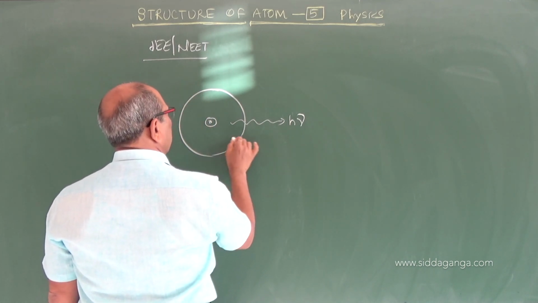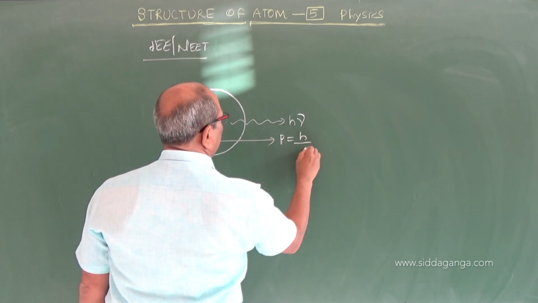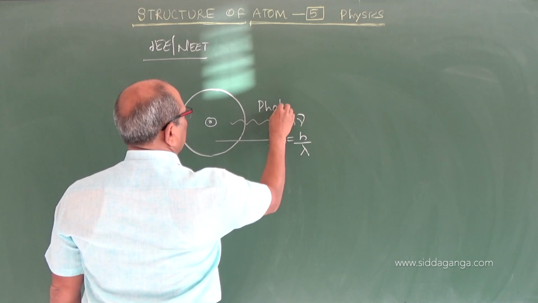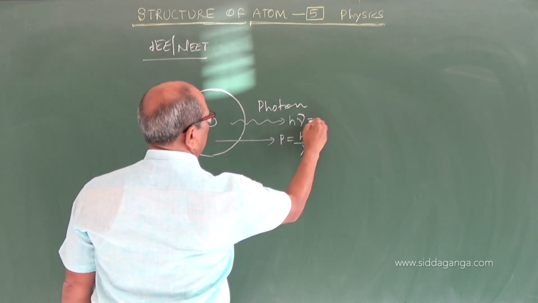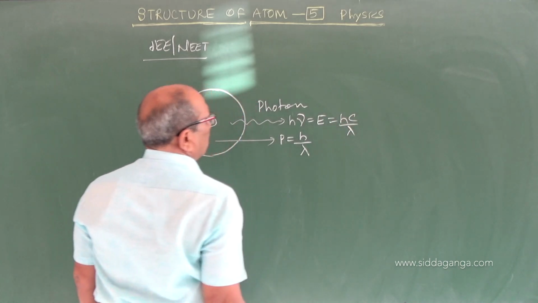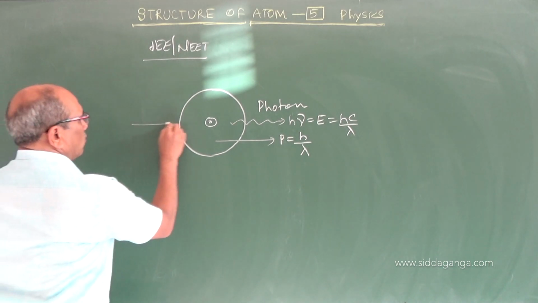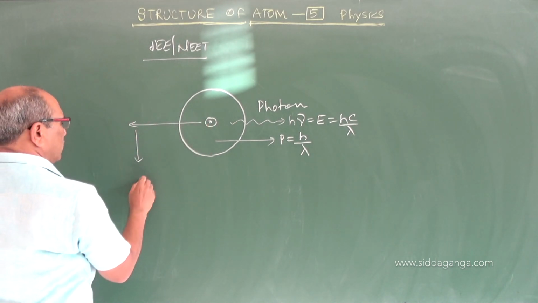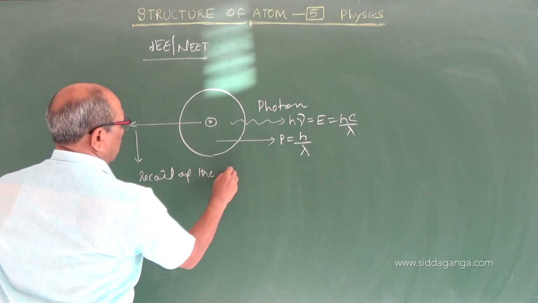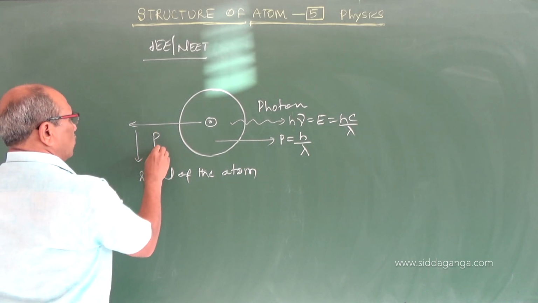When radiation is emitted, the momentum of the photon is equal to h by lambda, because the radiation comes in photons of definite energy E, which may be written as hc by lambda, and momentum as h by lambda. So there is a recoil of the atom. Recoil of the atom is possible. What is the momentum of recoil of the atom?